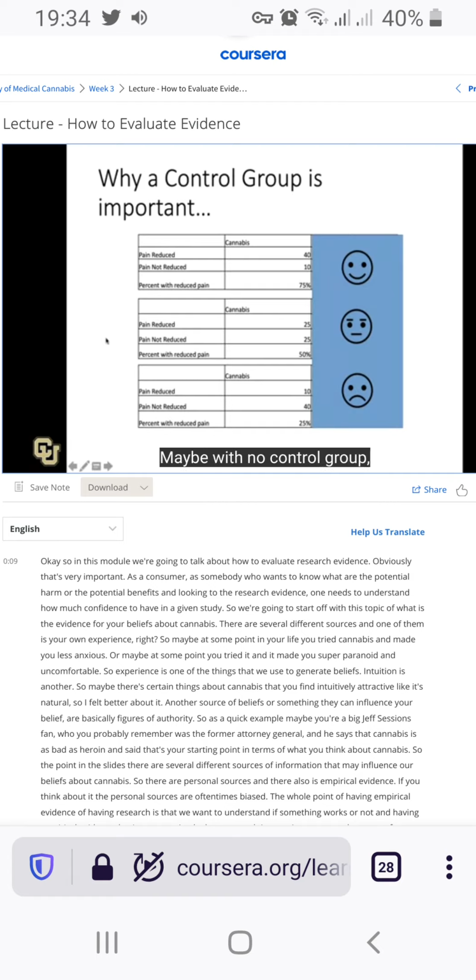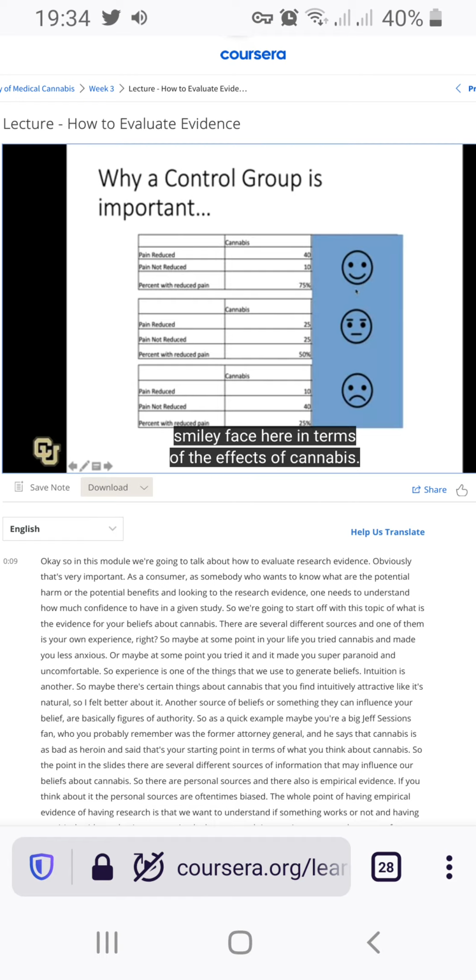Maybe with no control group, there's a group of people, not just one person like Amanda, but a group of people, and they're looking at whether their pain was reduced by cannabis or not reduced by cannabis. And so there's 50 total people, and for 40 of them, the pain was reduced by cannabis, and for 10, it was not reduced. And so the percent with reduced pain is 75% of these people basically said that their pain was reduced, right? That seems pretty good.